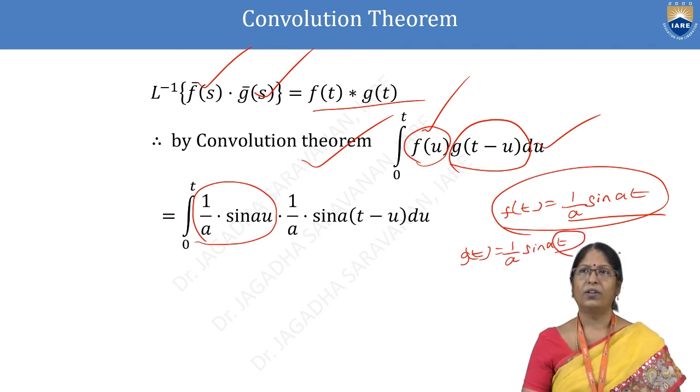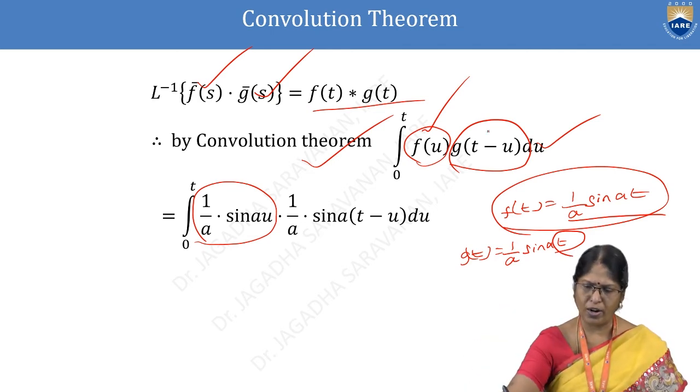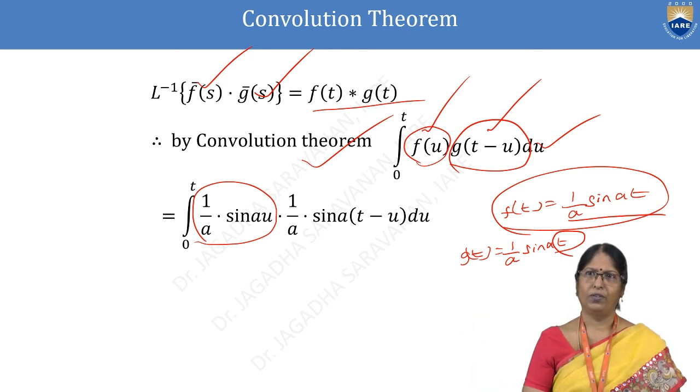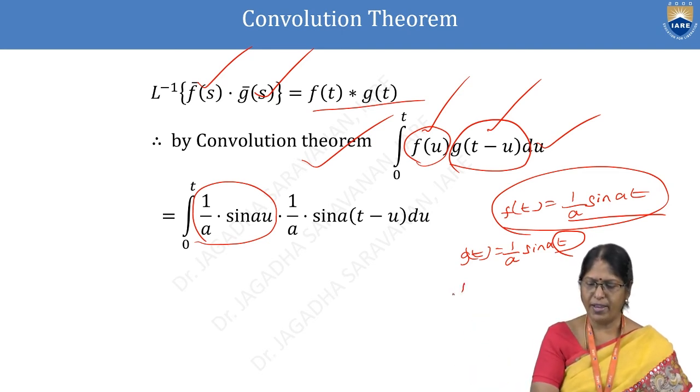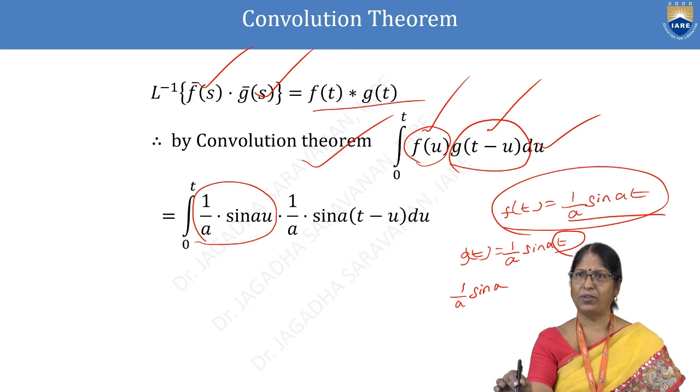Here also, we don't want it in terms of t. Here we want it in terms of t minus u. So, 1 by a sine a we are not going to touch. That is the reason sine a is written as a only. We are going to touch only t.